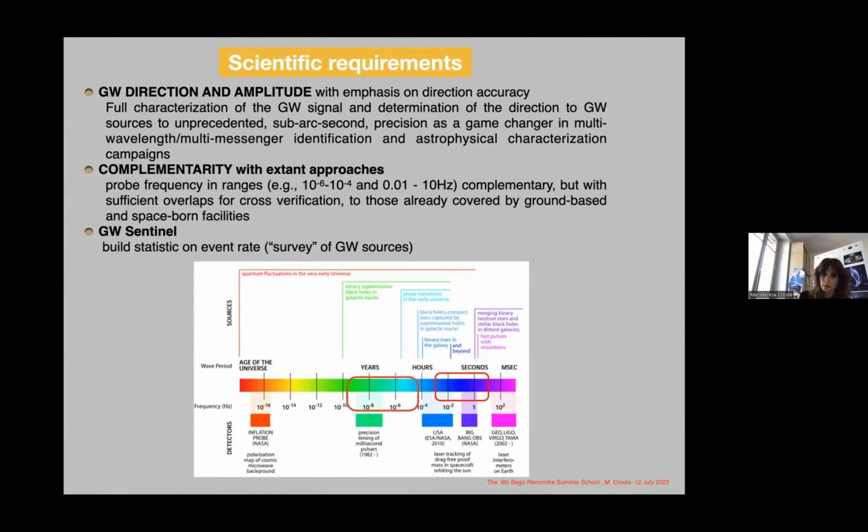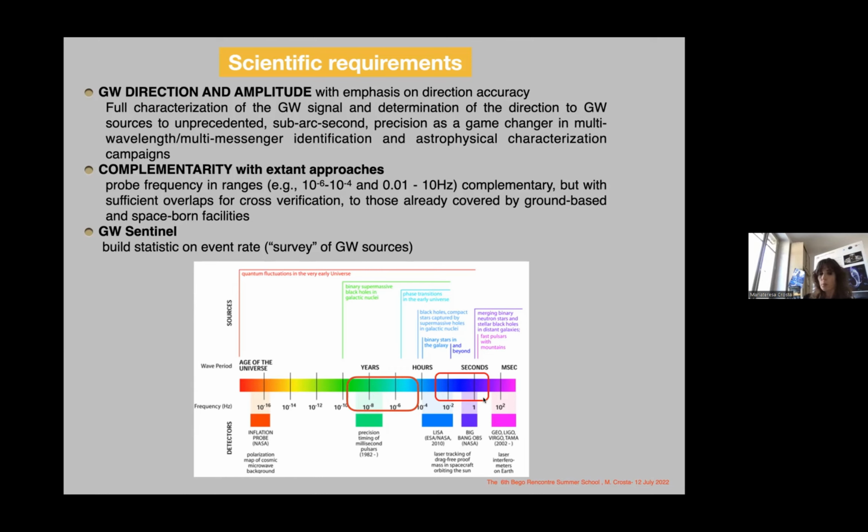For this gravitational wave antenna, the first simulation tells us that this detection can cover signals with frequency between 10 to the minus 10 and 10 to the minus 4, or 10 to the minus 1, to 10 hertz, from DC to 10 hertz.